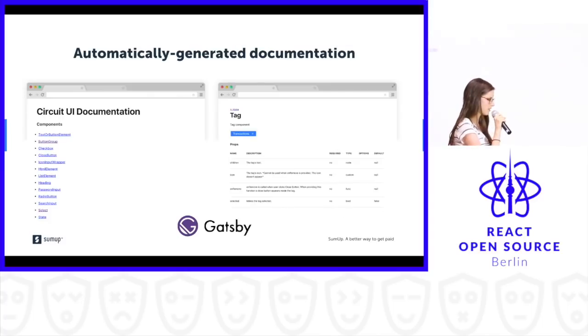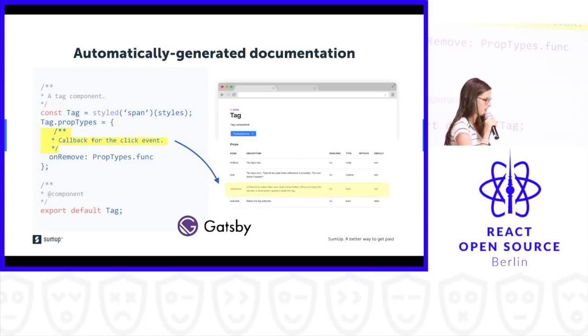And how we did this is our very basic introductory version of our documentation, which is implemented in Gatsby. We're using a plugin that helps us pull the doc types from the components themselves.